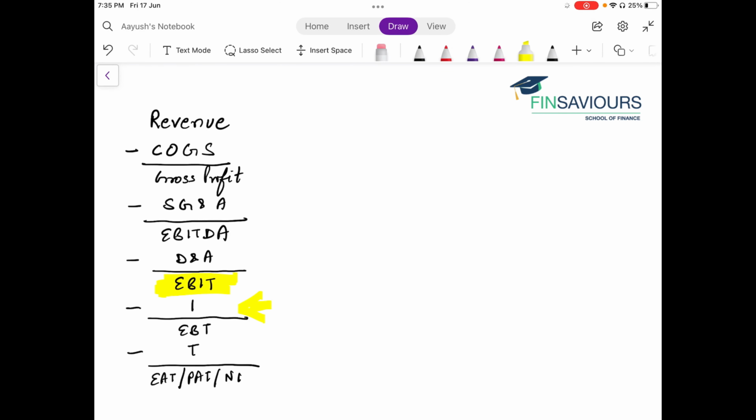Because we are not subtracting interest here. We'll subtract the interest only after EBIT, right? So EBIT is that level of income which is attributable to both debt as well as equity holders, and this is the reason why I am including this EBIT as a starting point for my FCFF computation.